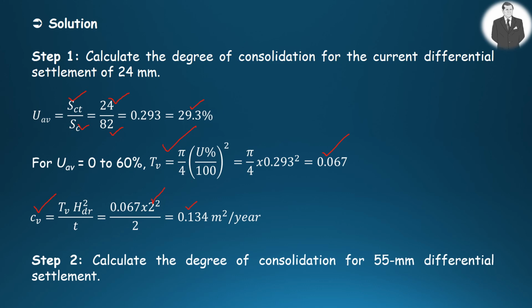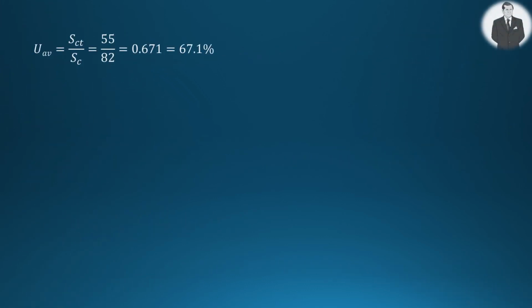The second step is to calculate the degree of consolidation for 55 millimeter differential settlement. For 55 millimeter differential settlement, the average degree of consolidation can be calculated as 67.1%.